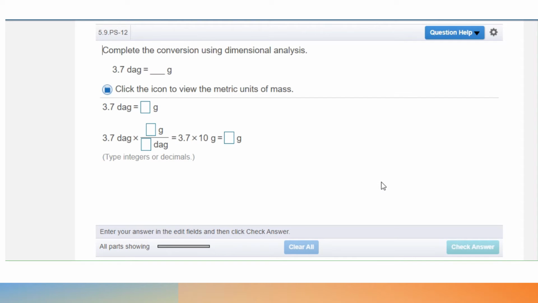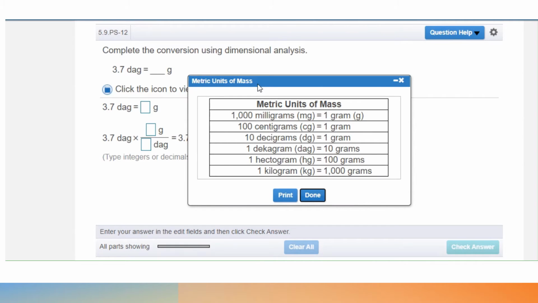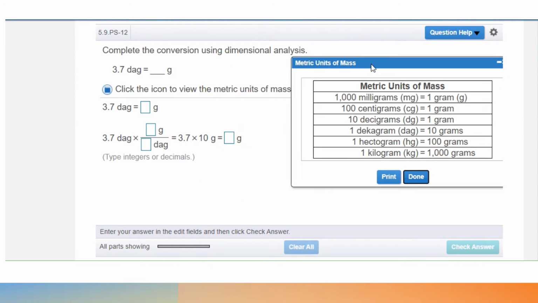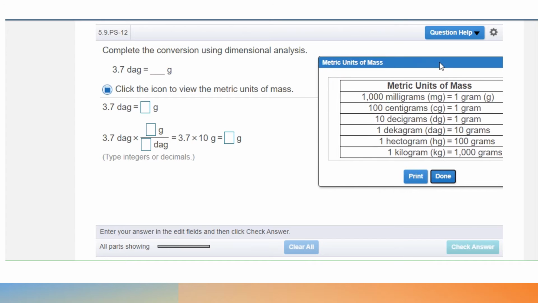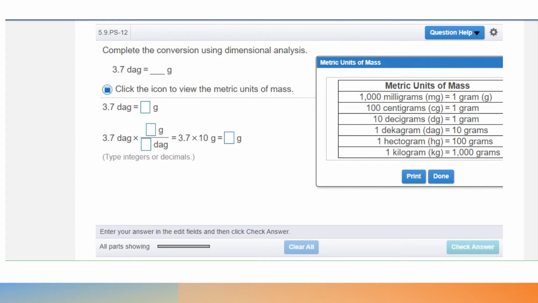The next one, let's get our conversion table. So we want to convert DAG, which is deciliters, into grams. Deciliters, DAG into grams. So the conversion factor that you need is right here. And then we have to set it up, which you don't even need to open up here, because it's telling you that you have to multiply by 10.